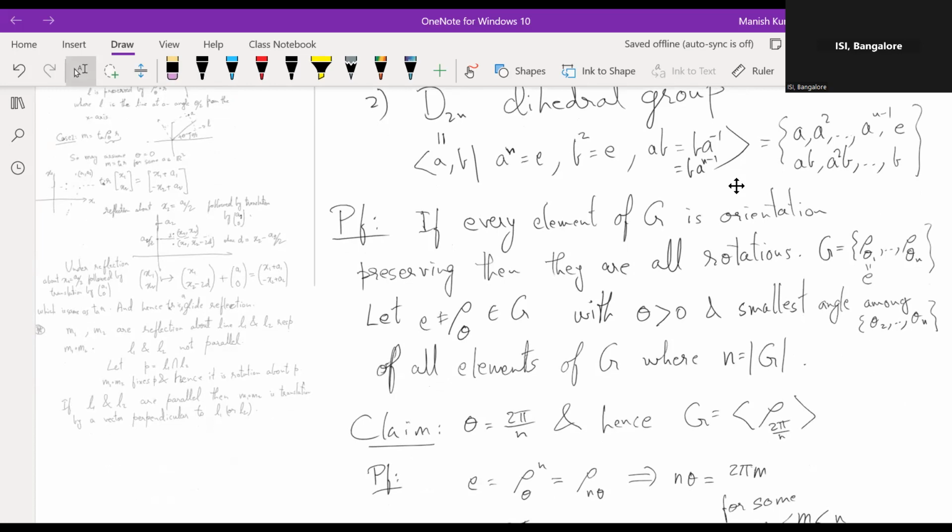And so if you square it, it will become 4 pi over n, 6 pi over n, and so on, up to when it becomes 2 pi. These are all going to be different angles.